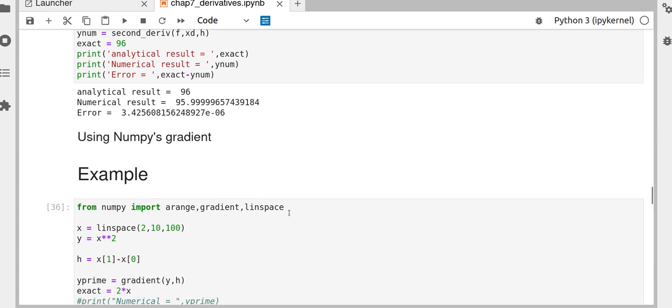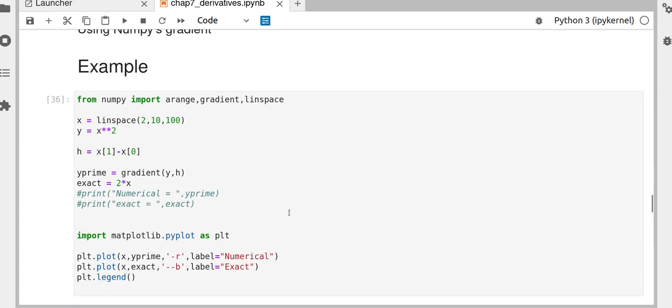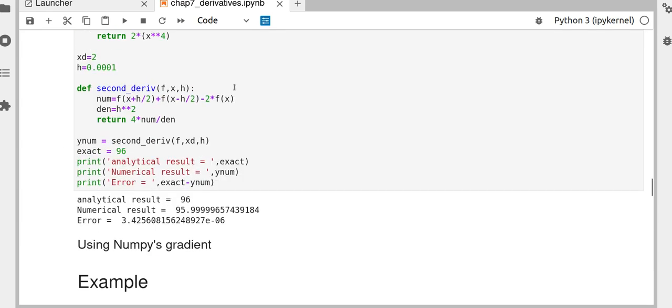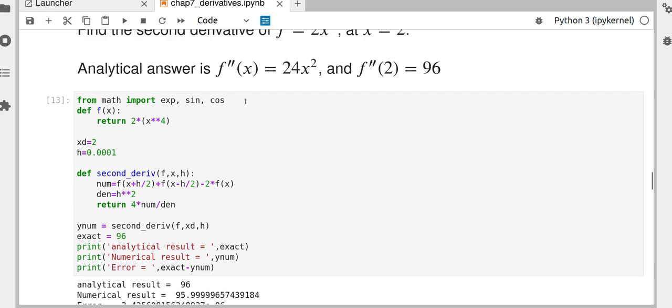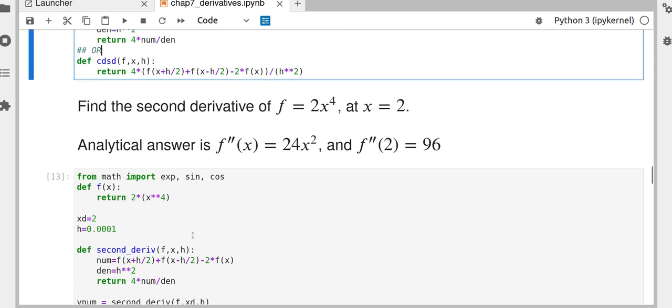Now, NumPy has a function called gradient that can be used to find the derivative of a function. If you look at what we have done here, we have evaluated the derivative at a certain x. It's not compulsory; you can evaluate it at different values of x, maybe from x equals 0 to 20.